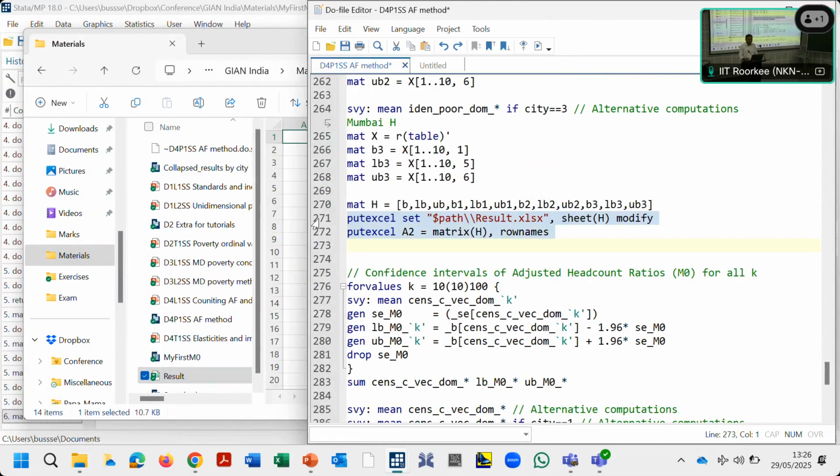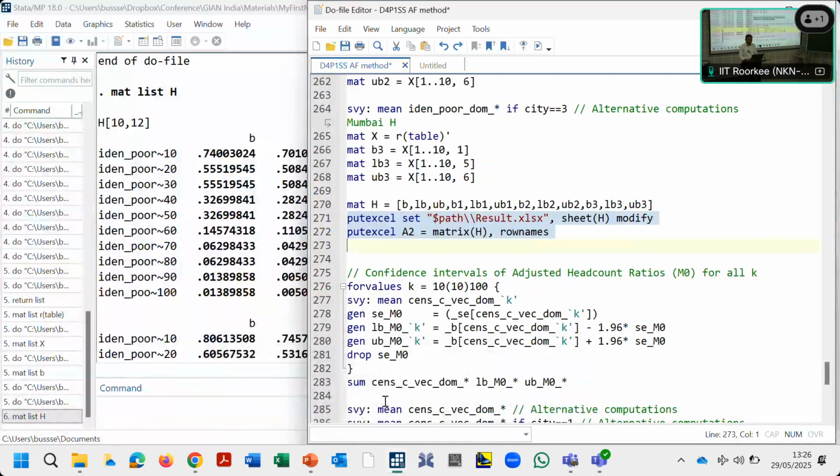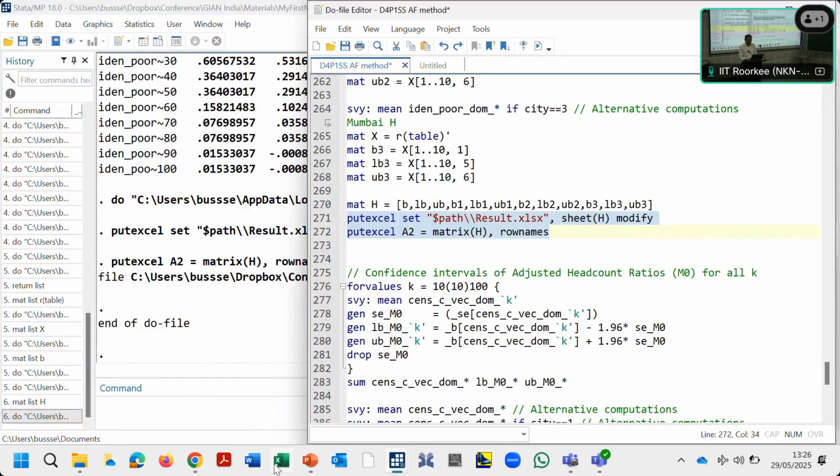What I'm doing is pasting this matrix that I have generated over here from cell A2 onwards. If you run that part, you see the change in the Excel file.